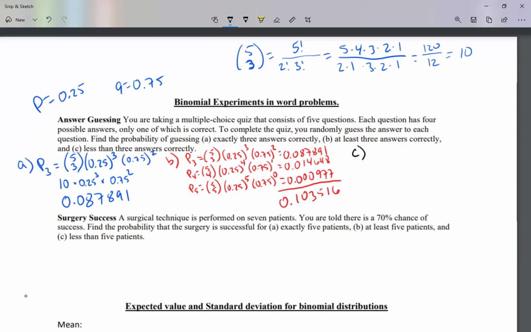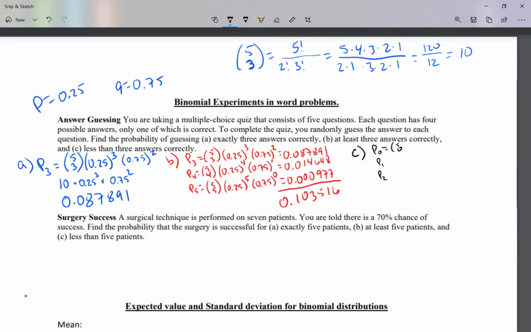Now, a couple things I can do. I can find out less than 3, so I can find the probability that I get 0 right, the probability I get 1 right, the probability I get 2 right, and then add them up. What's the probability I get 0 right?